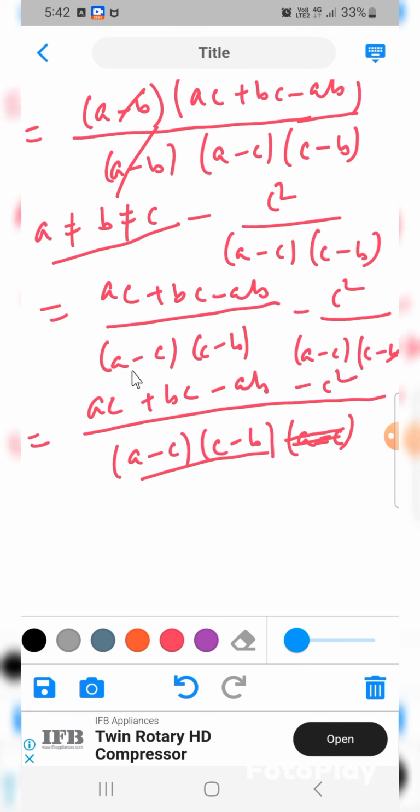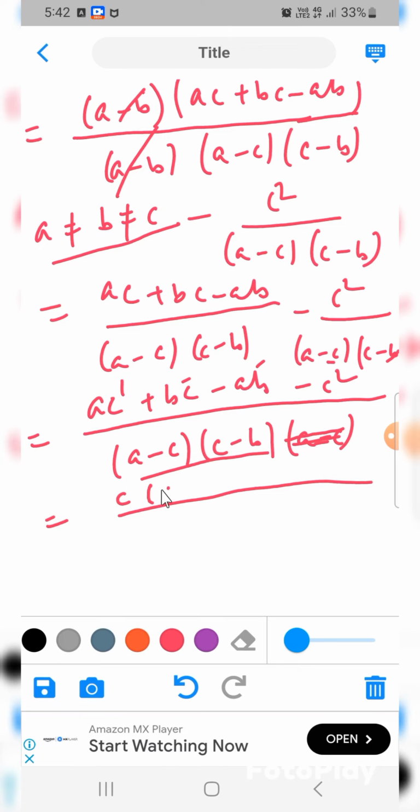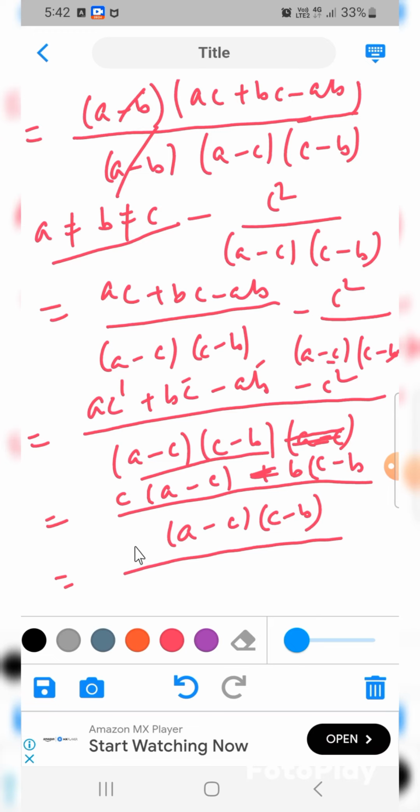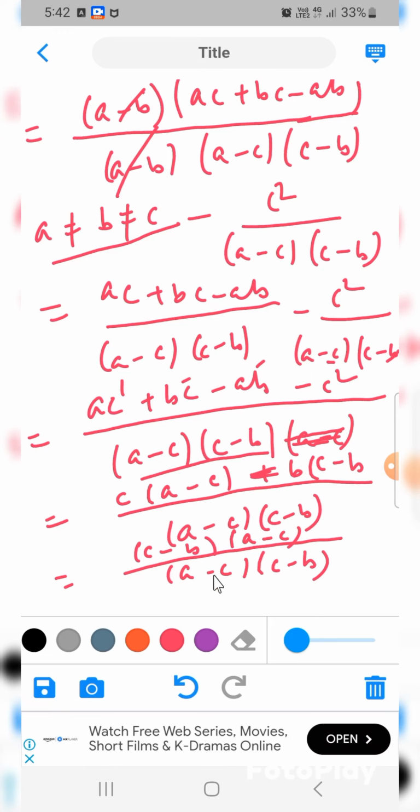Now we will take again the first and fourth term and second and third for common, then we will get C times A minus C, and here we will get B. If we take minus B, then we will get C minus B. Here we will get A minus C, C minus B. Then if we take the common C minus B, A minus C, A minus C and C minus B, you can look that the upper factors and the lower factors are same.